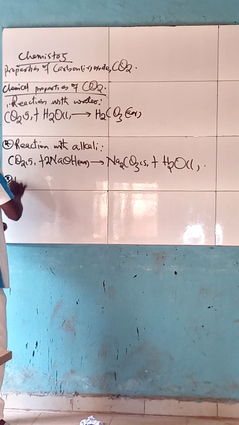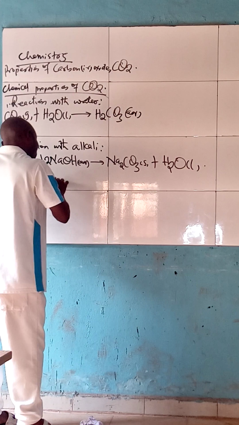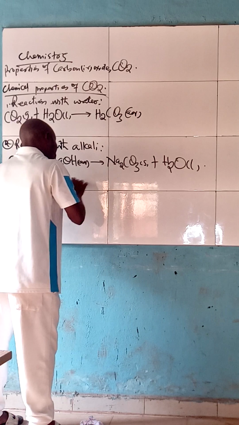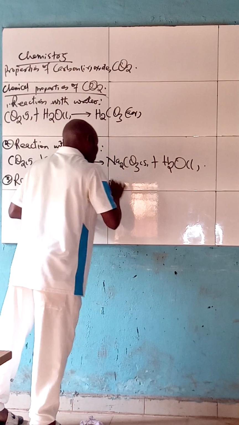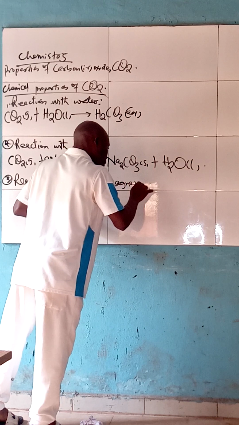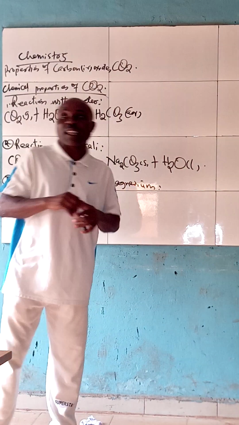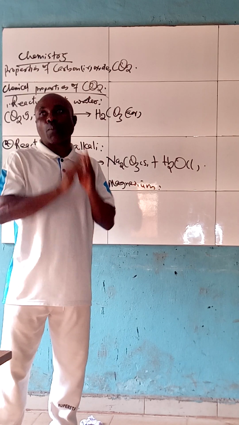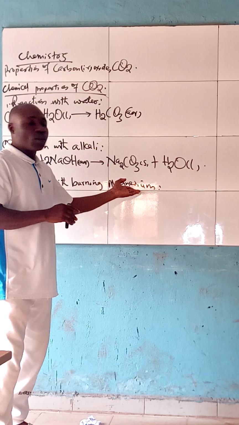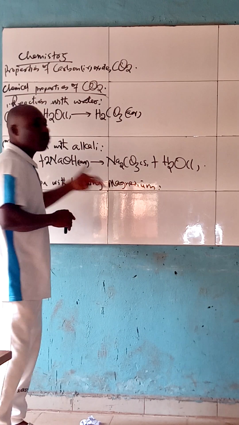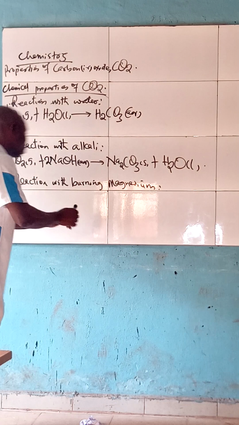Number 3, reaction with burning magnesium. Although carbon dioxide does not support combustion, the intense heat produced by the burning magnesium decomposes carbon dioxide to release oxygen for the oxidation of magnesium.